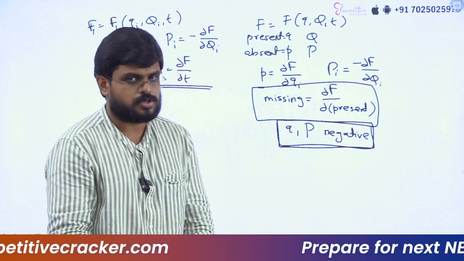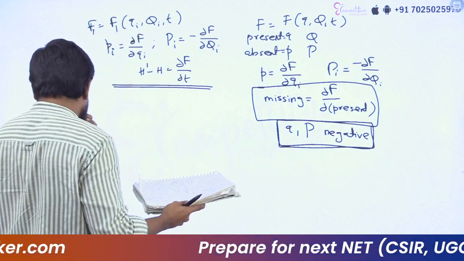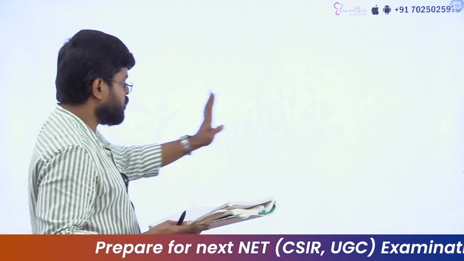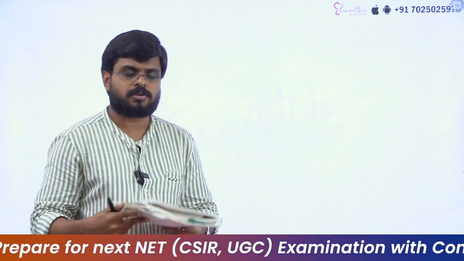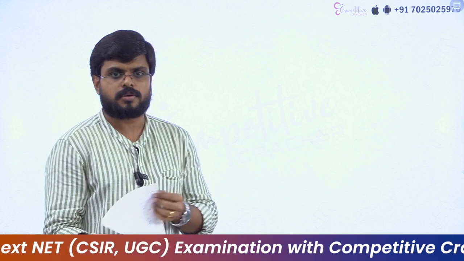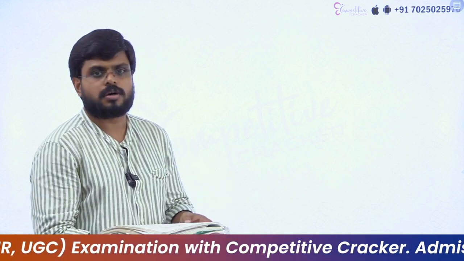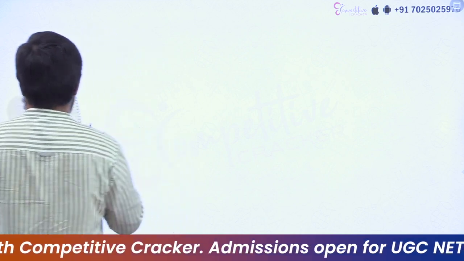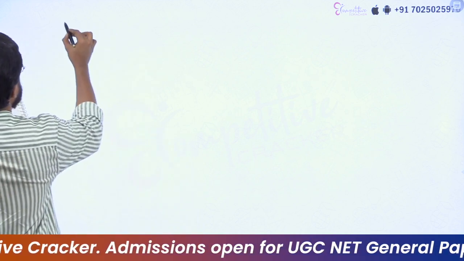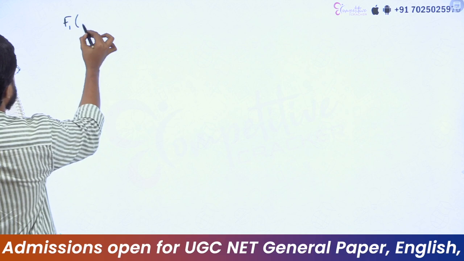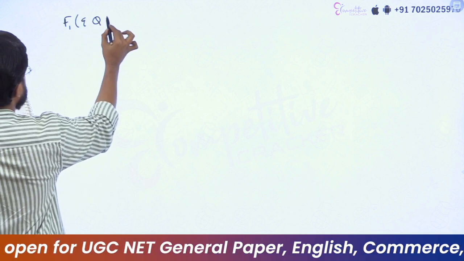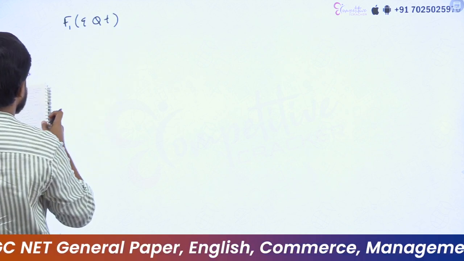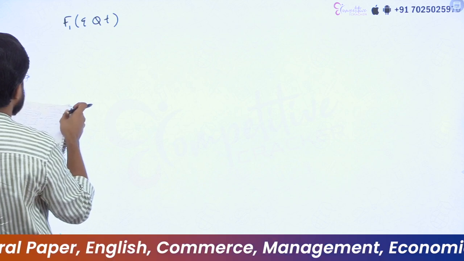Is it clear? If you are given any function, by using that trick, it will be very easy for you to calculate. Let us see how we can calculate. See the first function, F1. F1 is q, Q, t.